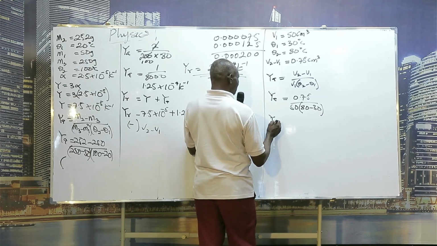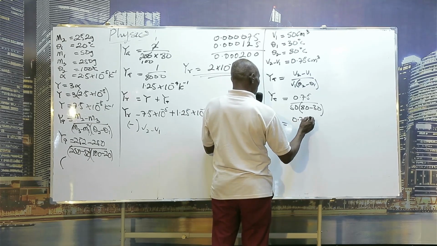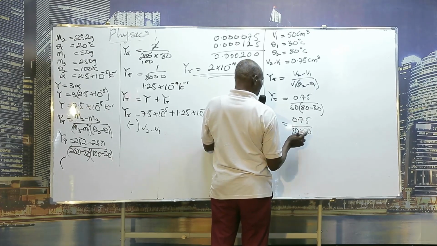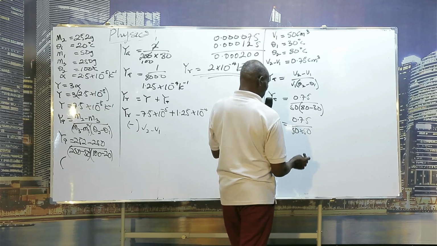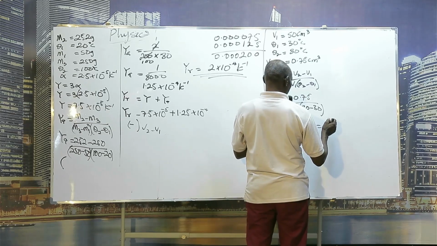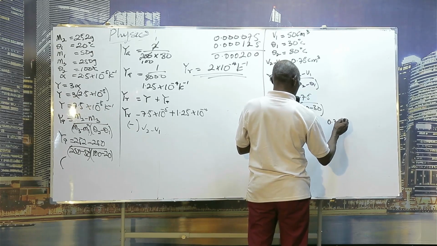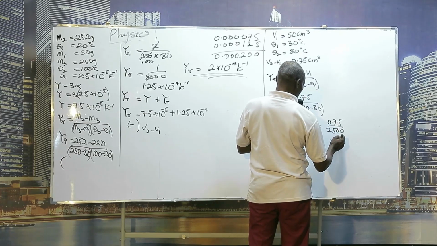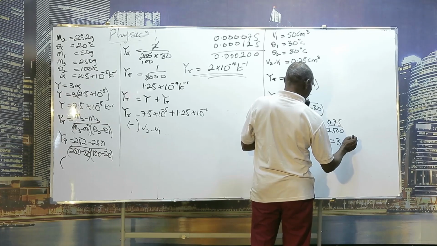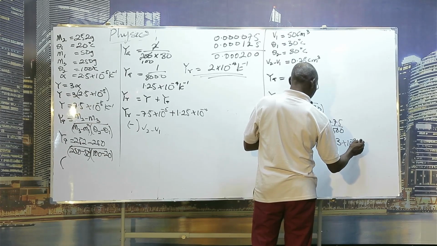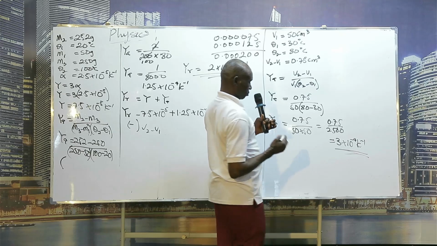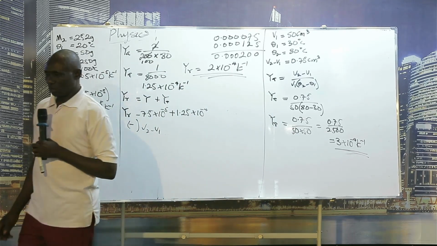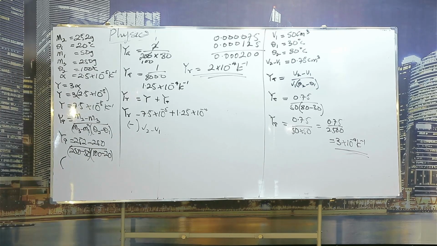So 0.75 over 50 times 50. 50 times 50 is 2,500. So 0.75 divided by 2,500 gives 3 times 10 raised to power minus 4 per Kelvin. That is the correct answer.